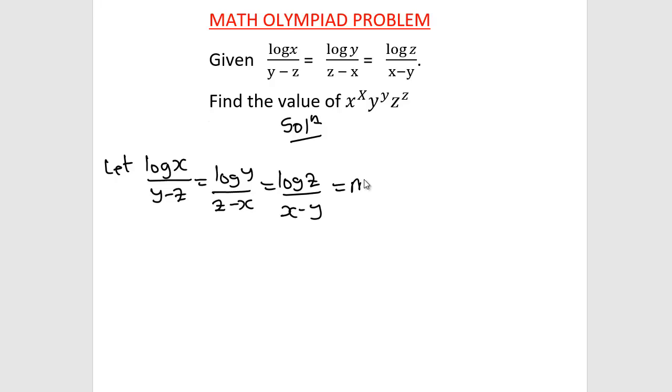Let's use m. Now in this case, we can equate the first term to m, and then the second term to m, and then the third term to m also.